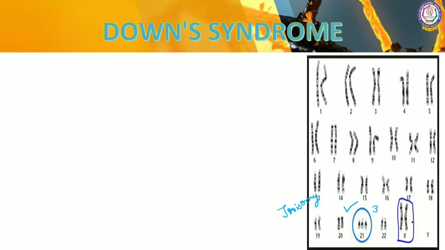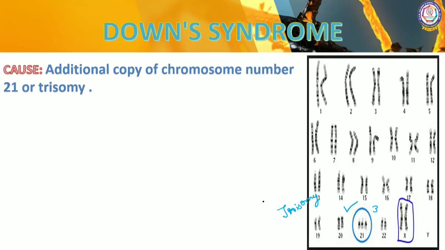So you can write the condition as trisomy. And it is XX chromosome, so it's a normal female, right? So Down syndrome, here the defect is seen in the 21st pair of chromosome, which is a trisomy condition.